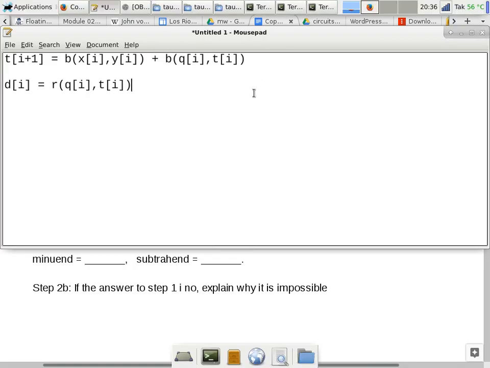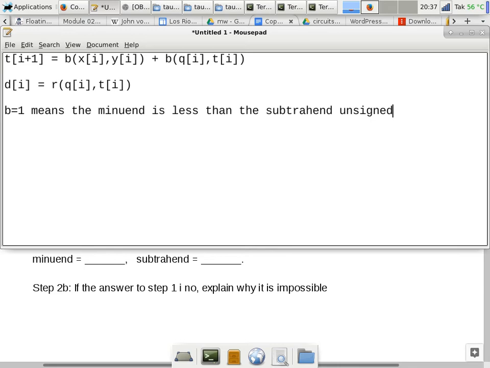So you have to look at it, so the borrow flag is a 1, means the minuend is less than the subtrahend unsigned. Okay, so you have to look at it from the unsigned perspective. What about the sign flag? I want the sign flag to be a 0.